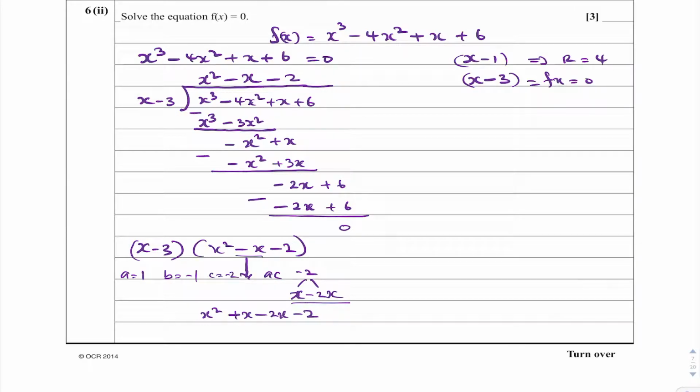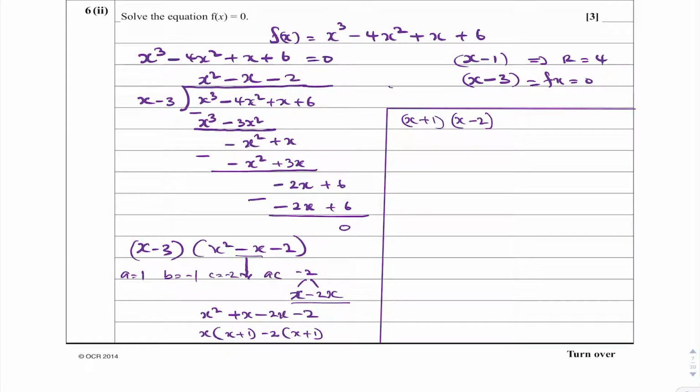Now I can factorize the common factors here. x is common, I get x plus 1. Minus 2 is common, I get x plus 1. Therefore, the common factors are, let me just draw a line here, x plus 1 and x minus 2.